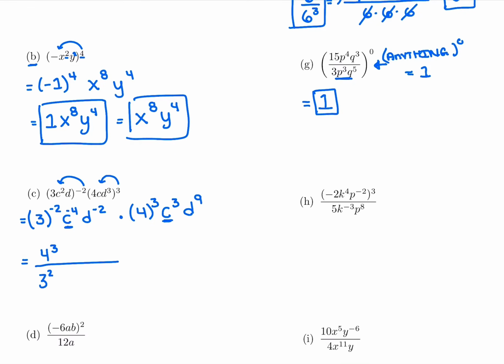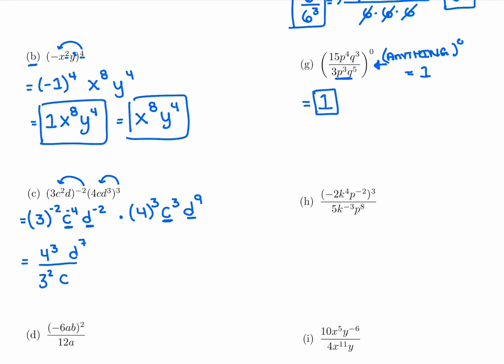So c to the -4 times c to the 3rd, -4 plus 3 is going to leave me with c to the -1. Which means it's going to go in the denominator as c to the 1st, or just c. Next one, d to the -2 times d to the 9th. Multiplication means addition. Negative 2 plus 9, or 9 minus 2, is going to give us d to a positive 7. So that goes in the top.